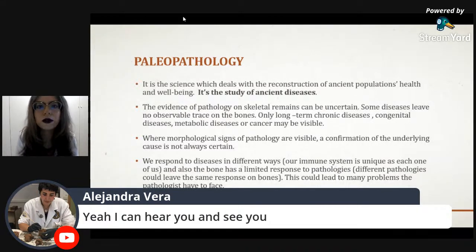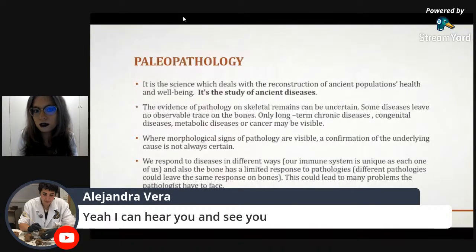Just remember the iron deficiencies, anemia, scurvy, and rickets are metabolic diseases. Cancer also, at very last stages, may be visible on the bones, on the skeleton, where the morphological signs of the pathology are visible.